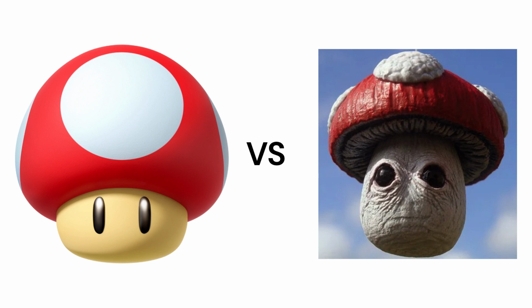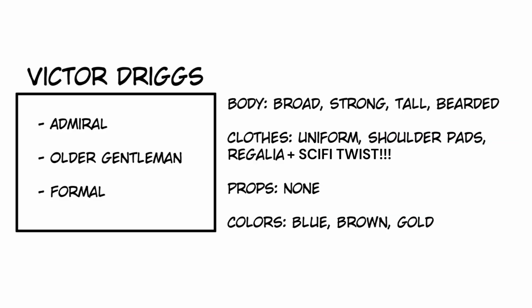So I have a synopsis already written out to help me decide what direction to go in with both of these characters. Okay, so as you can see, the character for my manga that I'm going to be designing is named Victor Driggs. He is an admiral in a federation, so he's going to be repping tons of regalia. He's an older character and more formal both in behavior and attire. The body will be tall. He's going to be built.